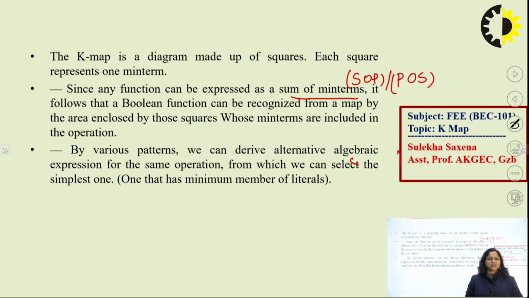So, any Boolean expression which can be expressed as SOP or POS form can be recognized from the KMap, that is the map method, by the area enclosed in the squares. By various patterns, we can derive alternative algebraic expressions for the same operation and we can select the minimum or simplest one.